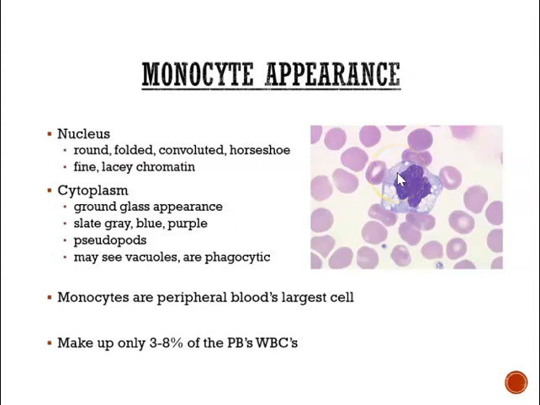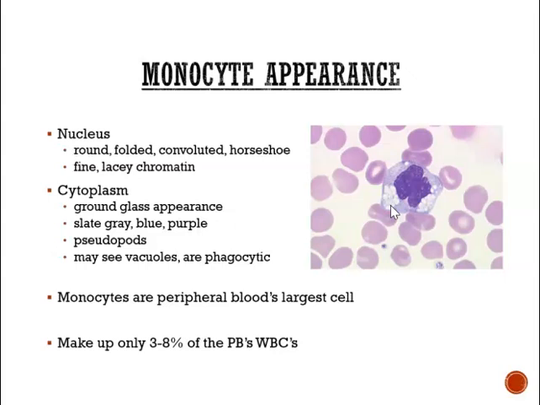You'll have pseudopods, these little arms that can come out because these cells are phagocytic, engulfing cells. You also see vacuoles, all these little things that look almost like air bubbles. These are vacuoles, and again they can phagocytize, so they're phagocytic.